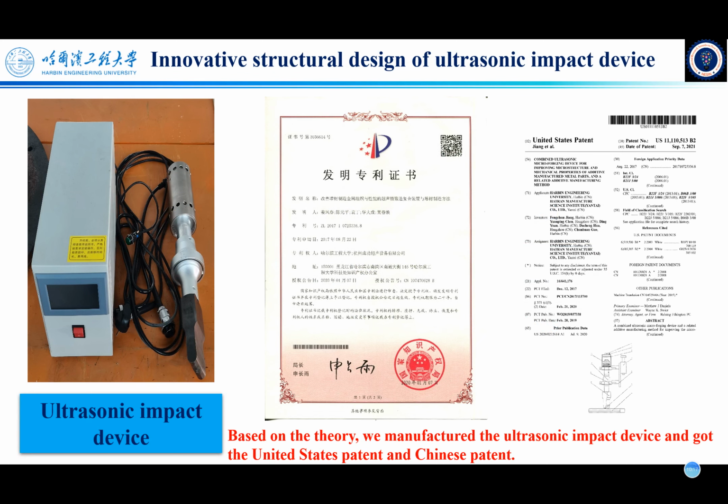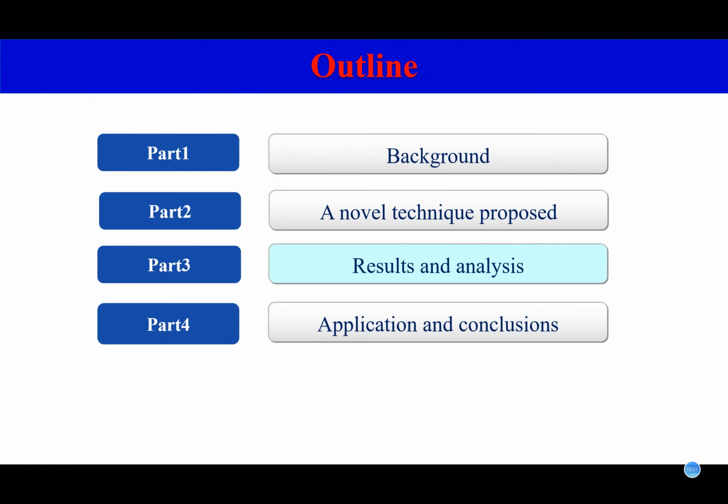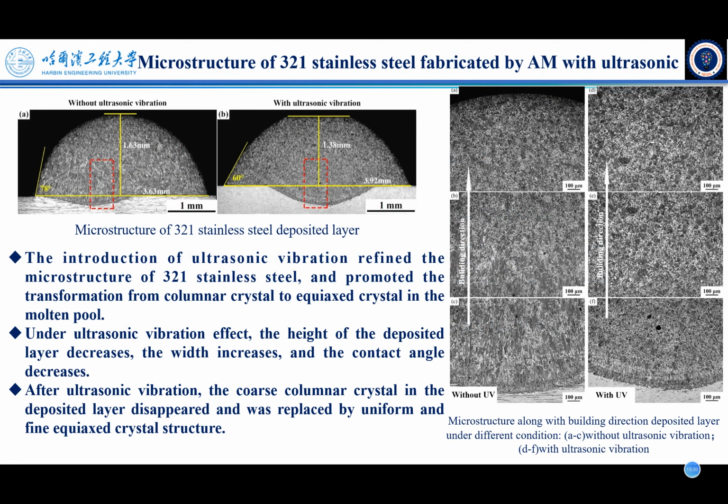Based on the design, we manufactured the ultrasonic impact device and got a United States patent and a Chinese patent, and we got some results for additive manufacturing assisted with ultrasonic vibration.